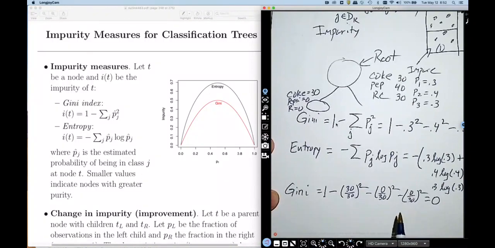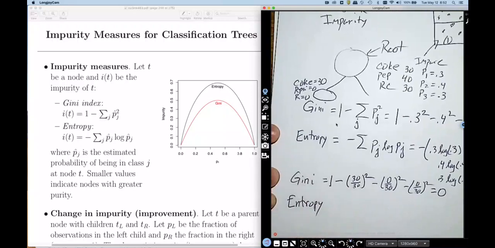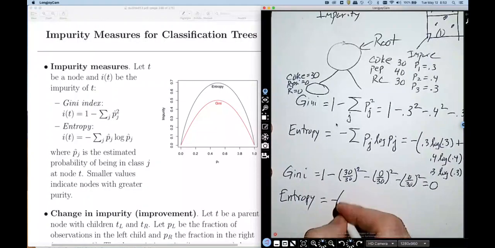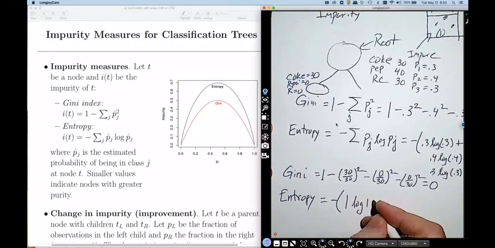Likewise, if I used entropy, what you would find is, well, P1 for Coke would be, let's just write it out here. Entropy would be negative the sum of 1 times the log of 1. Notice the log of 1 is 0, so this whole term is 0.